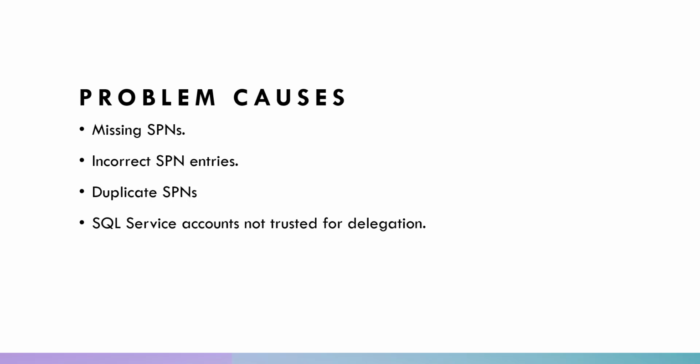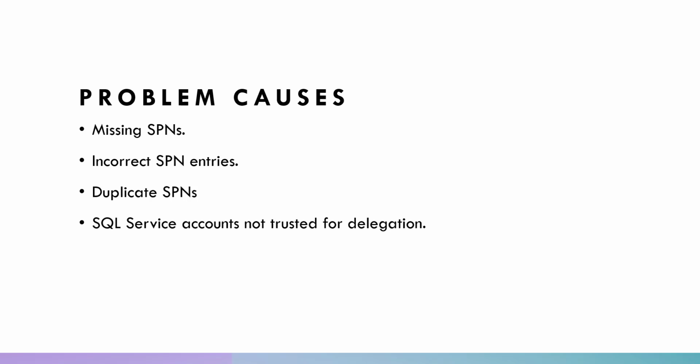When an instance of the SQL Server database engine starts, SQL Server tries to register the SPN for the SQL Server service, which is the error message we saw previously in the error logs. When the instance is stopped, SQL Server tries to unregister the SPN. For this to happen, the SQL Server account needs read and write service principal name permissions in Active Directory.